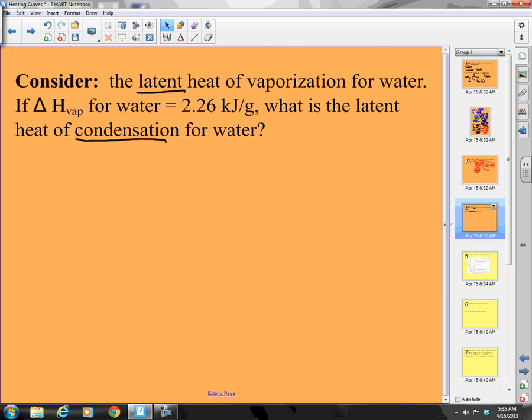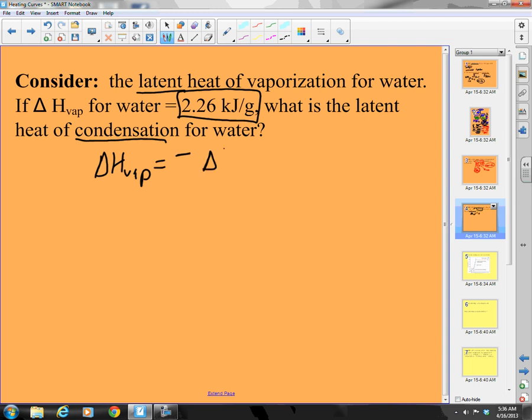Here we go. So we have the latent heat of vaporization for water, and it is 2.26 kilojoules per gram. What is the latent heat of condensation? What did we learn? We said that delta H vaporization is equal to negative delta H condensation. So the same amount of heat that causes vaporization is released when condensation occurs.